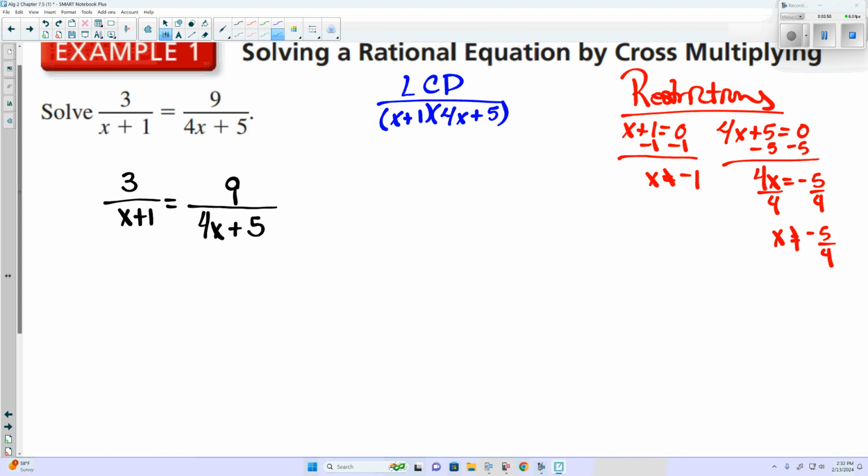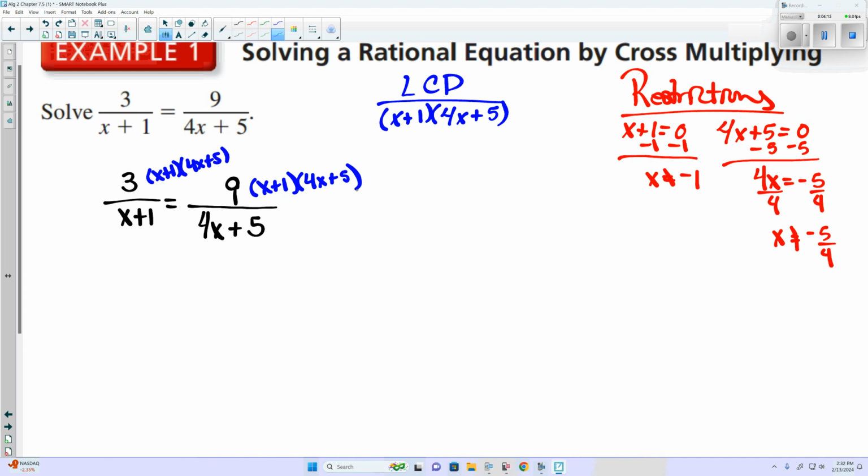Yes? Now, unlike addition and subtraction, what we're going to do with the least common denominator is multiply every part of this equation by it. So we're going to multiply our 3 over x plus 1 by the x plus 1 and 4x plus 5.